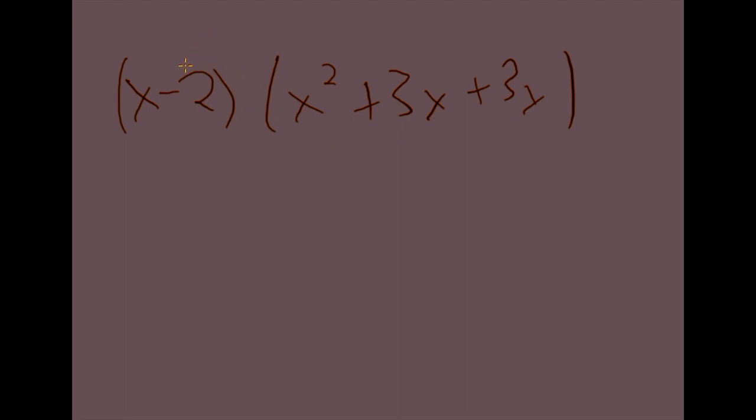polynomials. Okay? First, I want to start off with this type of method. There's a couple methods to do this. By a couple, I mean two that I know of. So that's x minus 2 times x squared plus 3x plus 3. Sorry, it should be just 3. Alright, so one way to do this is just distributive property.